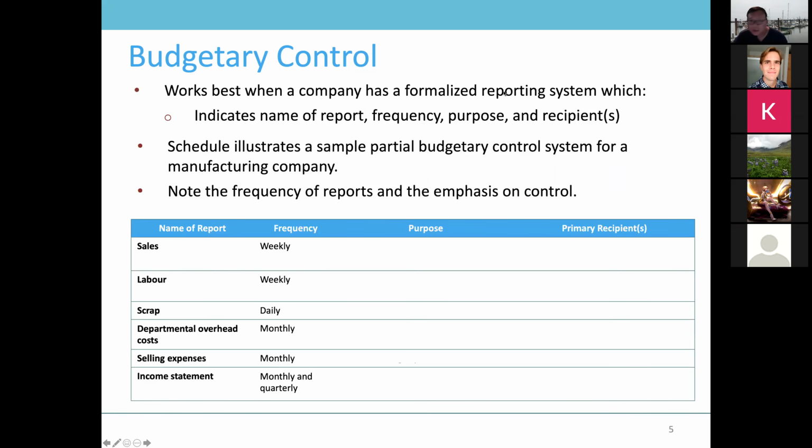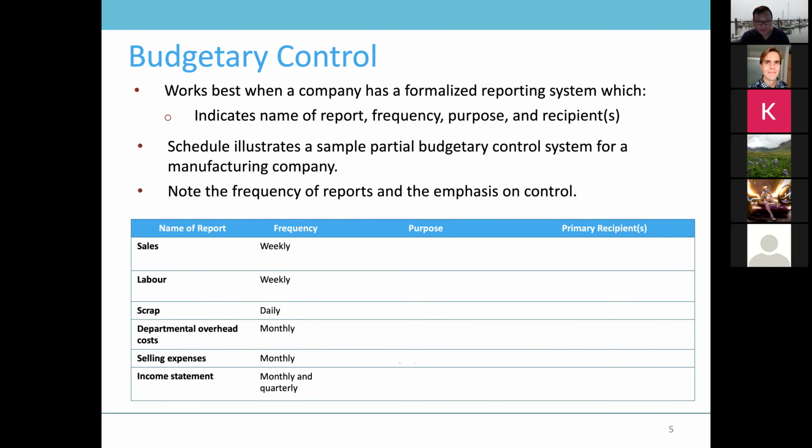Budgetary control. This would work best if you have a formalized reporting system, okay? So in that information system, you want to indicate the name of the report, how frequently this report is presented, for what purpose, and to whom.